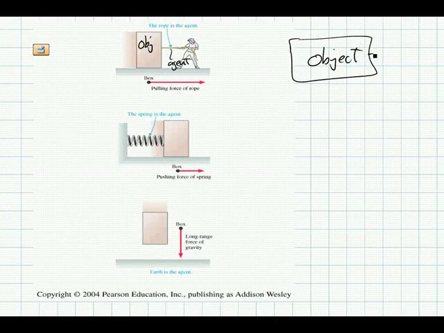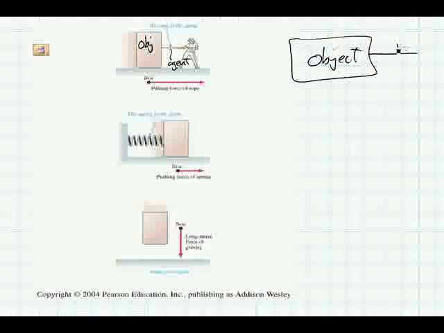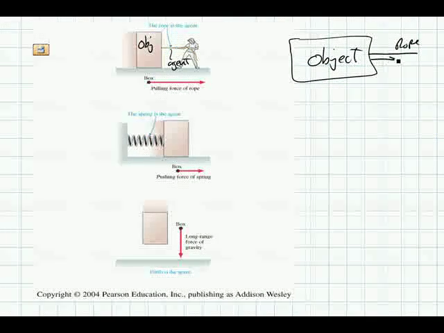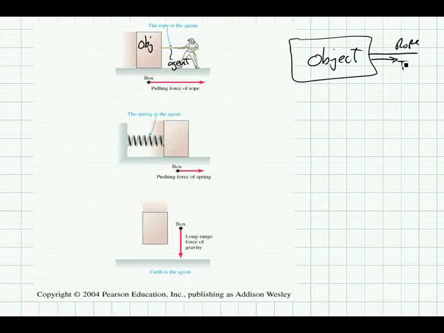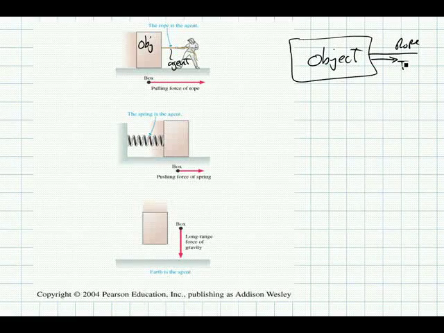In this case, it's the rope. Yes, the rope is being pulled by Jane, but the block isn't in direct contact with Jane. The block is in contact with the rope. So the type of force here is tension. Whenever you have a rope or a string, then you deal with tension. So here we have tension acting on the object.